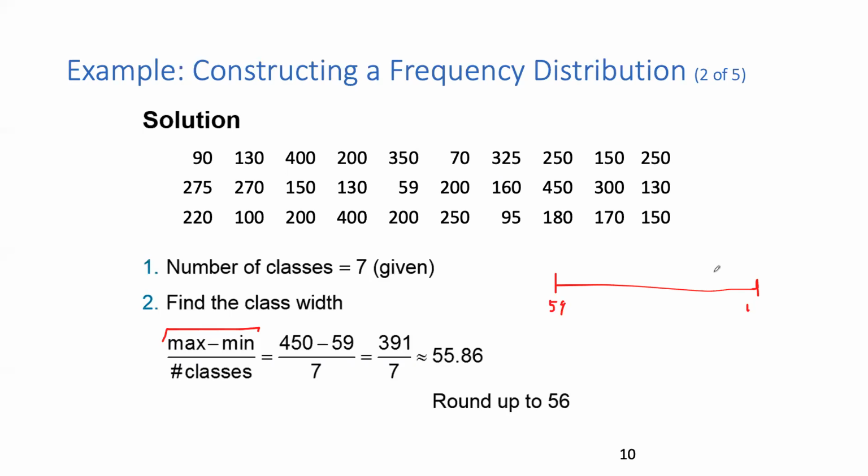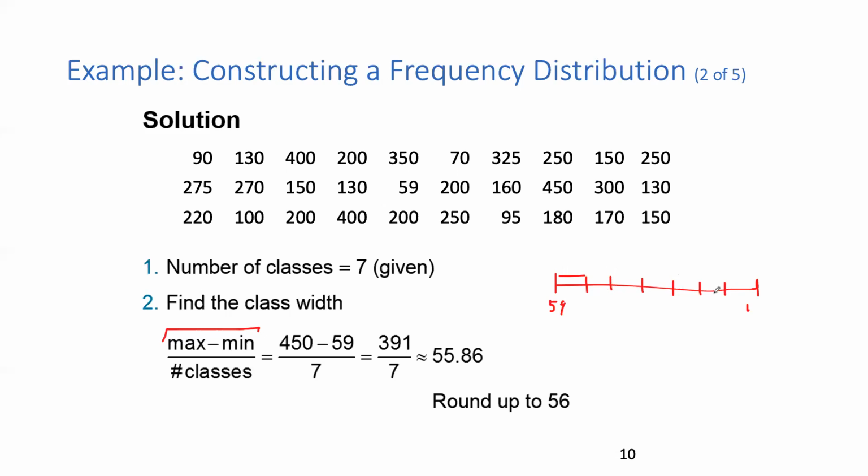how large that range is going to be. Okay. So given that this is the distance between the max and the min value, the range of the data set, and I know I want to sort them into 7 classes, I can divide the range by the number of classes and get the width of each of these classes, right? 7 equal parts. 1, 2, 3, 4, 5, and then 6.